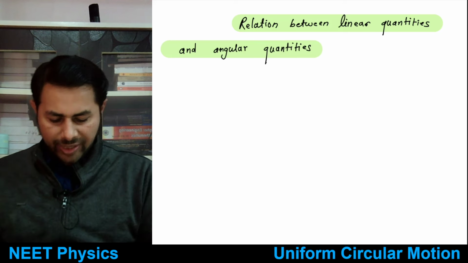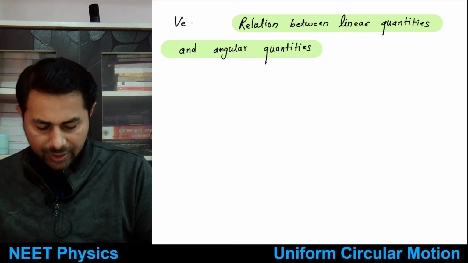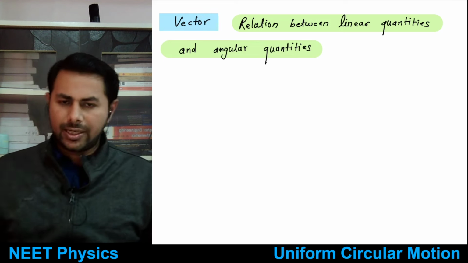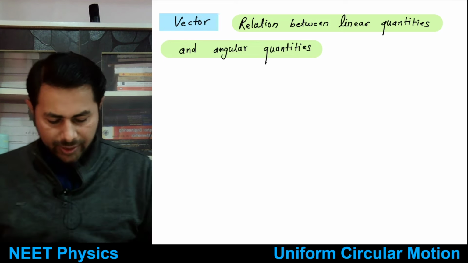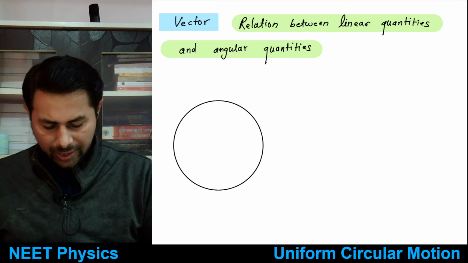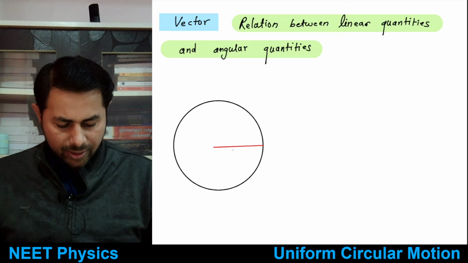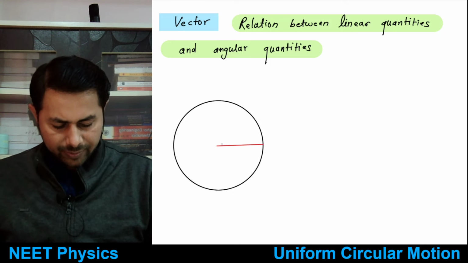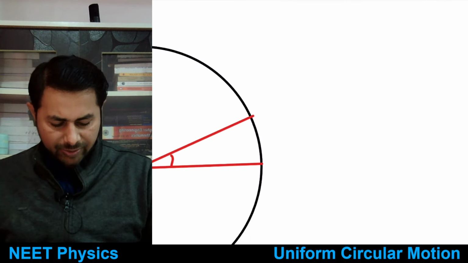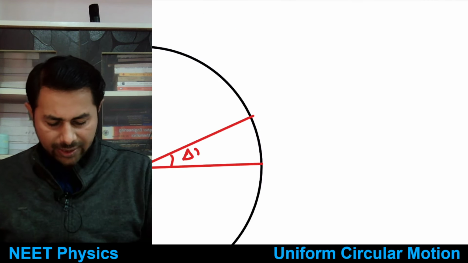So, vector relations between the linear quantities and angular quantities. That's very, very simple. See, if an object moves along the circumference of a circle, and suppose it goes from point A to point B, and this angle is a very small angle, delta theta.